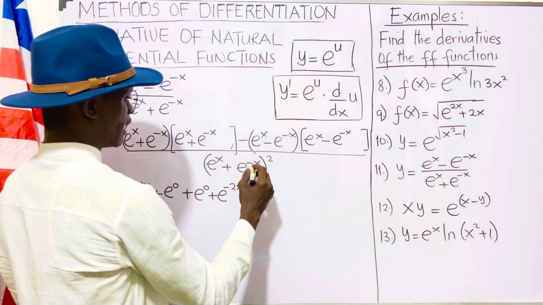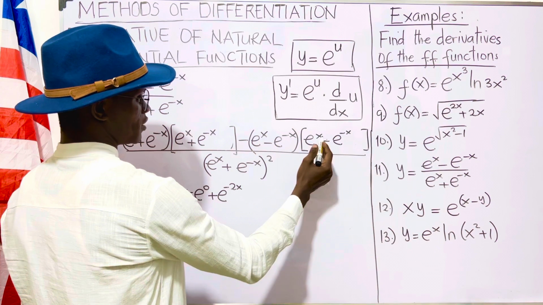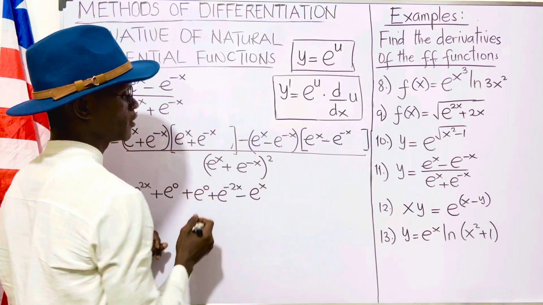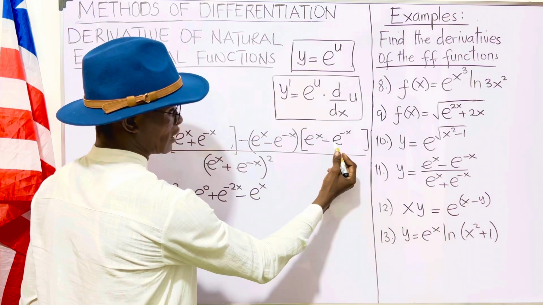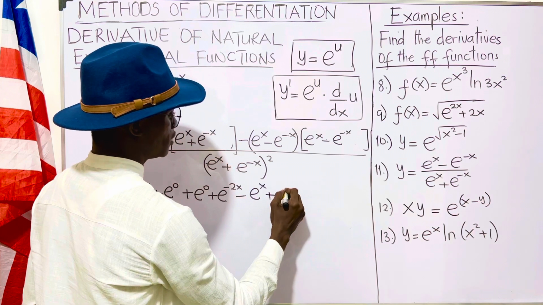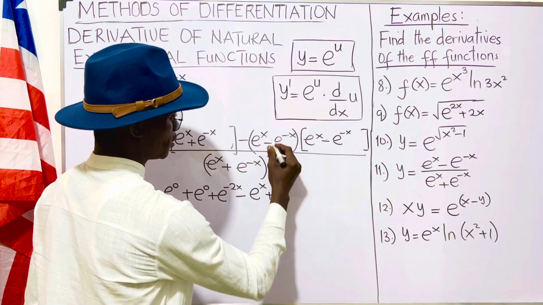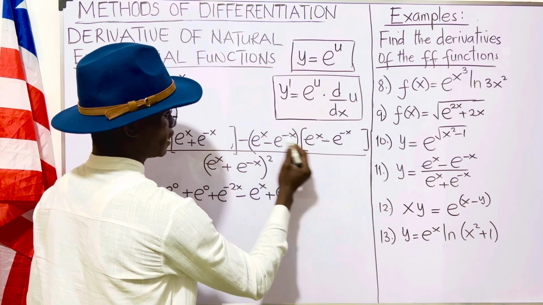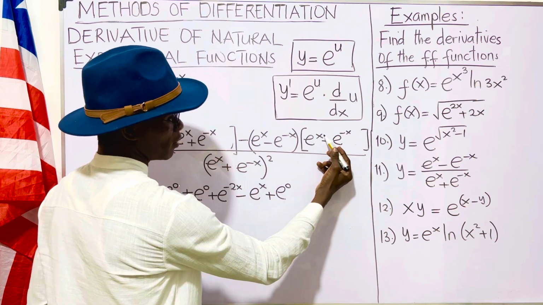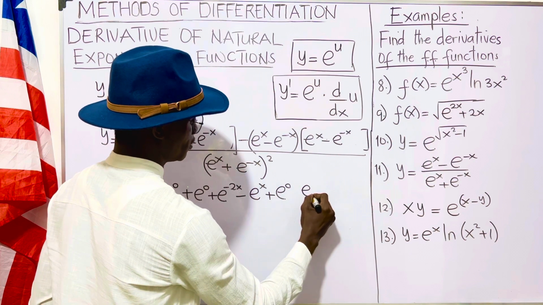On this side now, we have e raised to the power x times e raised to the power x. It gives us negative e raised to the power 2x. Remember this negative. e raised to the power x times minus e raised to the power minus x gives us positive e raised to the power 0, because x minus x is 0. Negative times negative is positive. So e raised to the power minus x times e raised to the power positive x is also e raised to the power 0.